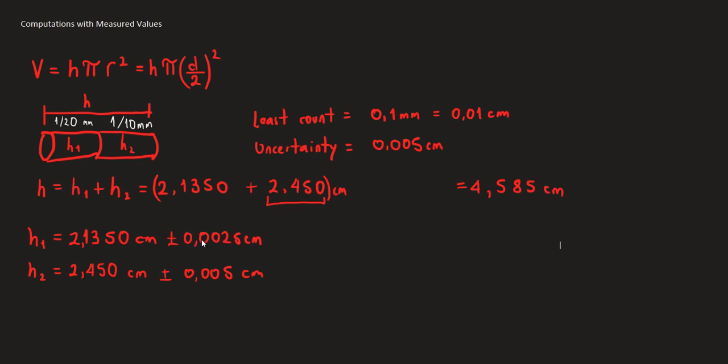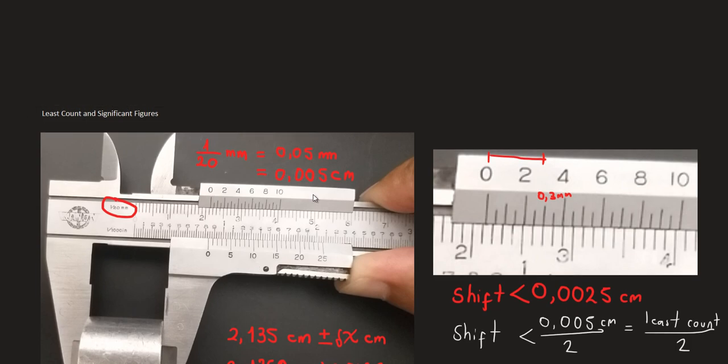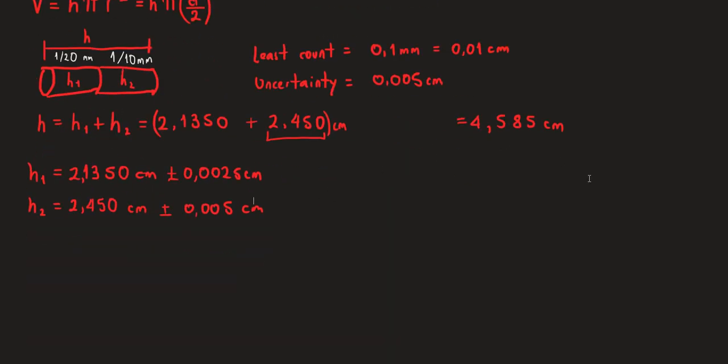These zeros will not count for the significant figures here. Here we have an uncertainty with two significant figures, and here we have just one significant figure. These zeros are not taken into account when we are reporting a significant figure.